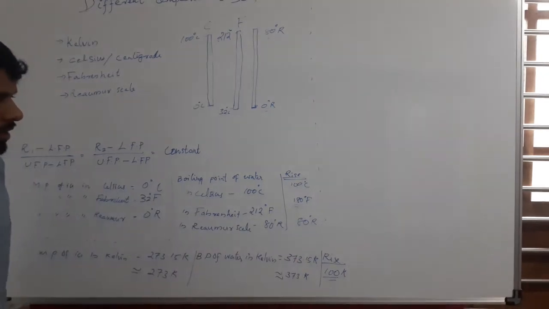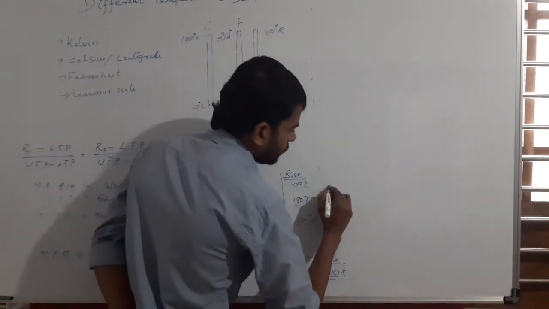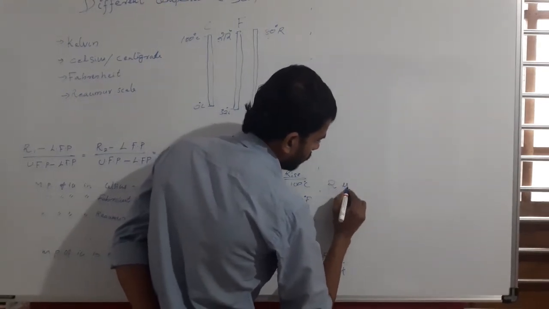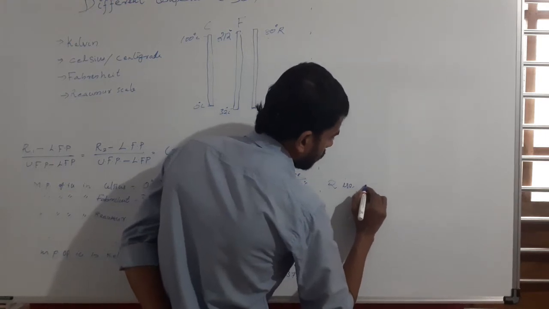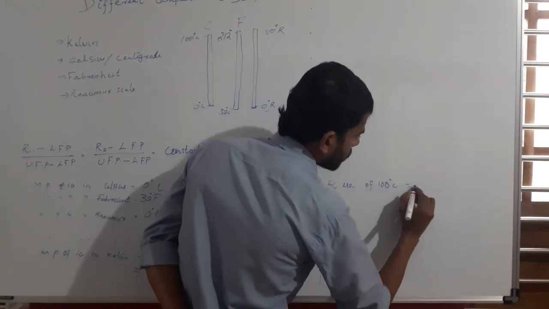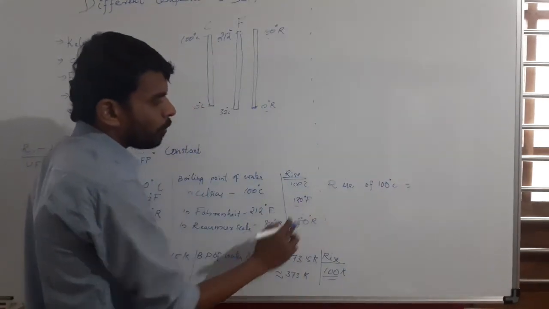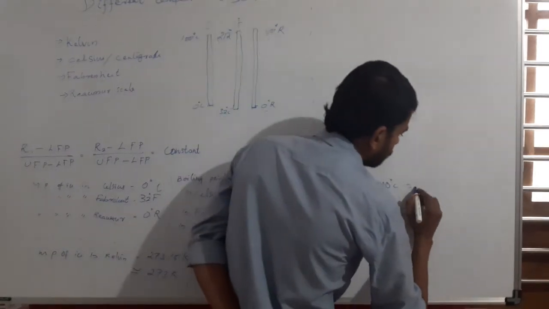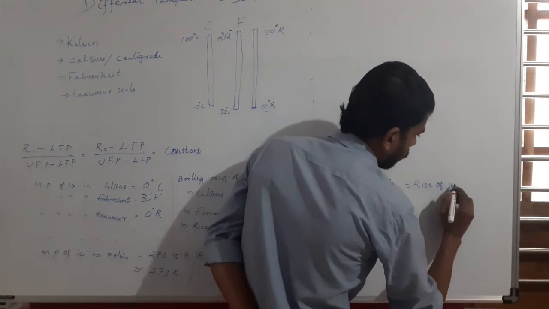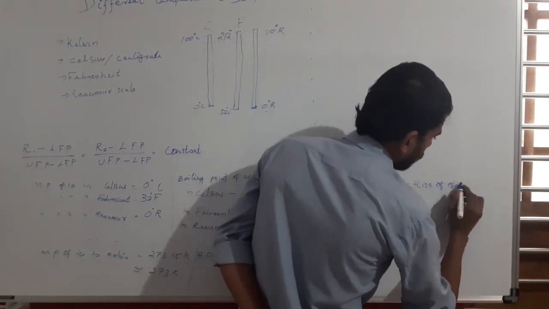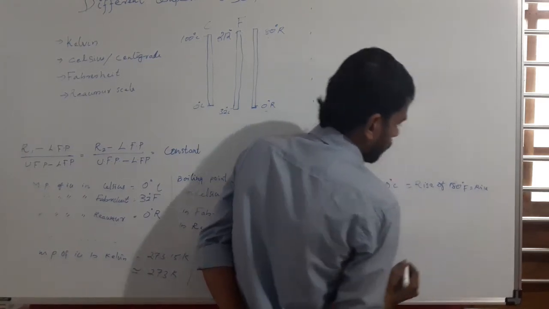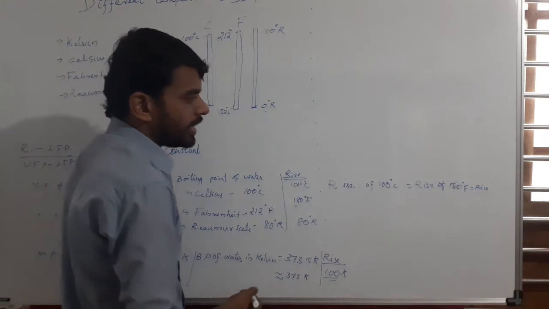Okay, so I can write: rise of 100 degree Celsius is equal to rise of 180 degree Fahrenheit, which is equal to rise of 80 degree Romer.